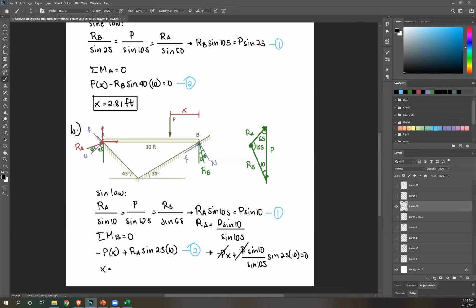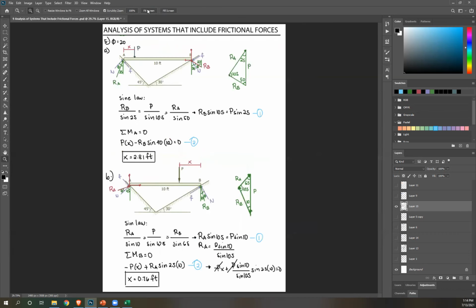As you can see, P cancels out. You can solve for x. So that's how you get it. And again, that is 0.76 feet. So that's number 5.